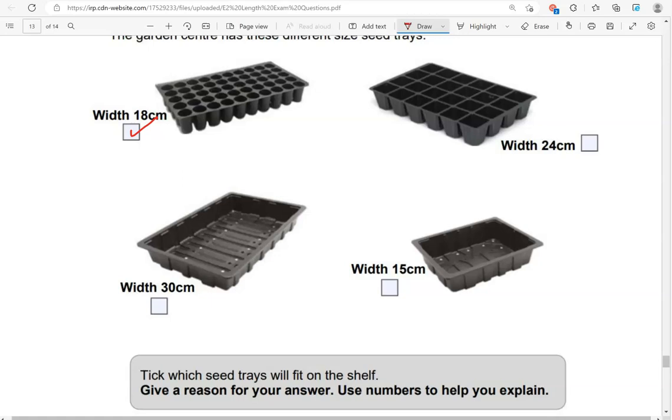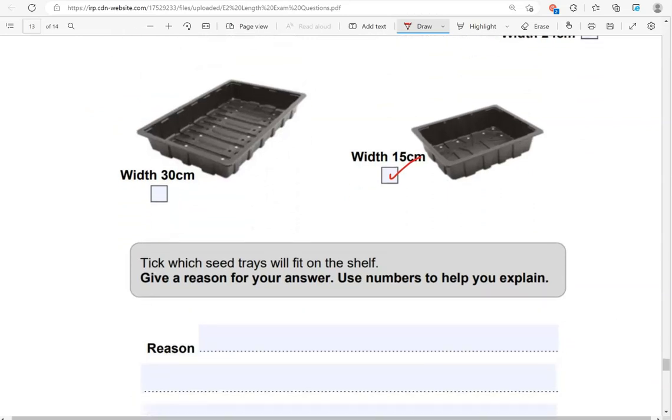The third one, width is 30 centimetres, so that is much higher than 23 centimetres and we can't tick that. For the fourth one, we've got width 15 centimetres, which is a possible answer. So we're going to say the reason for picking these two is that they are narrower than 23 centimetres.